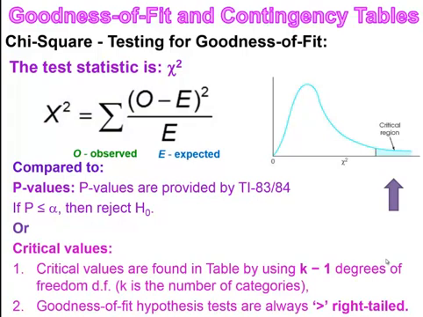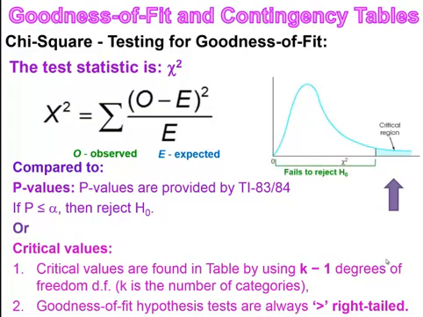Or we'll be finding a critical value, and the critical value will be found in the chi-square distribution table that you would use with the degree of freedom. The degree of freedom is found by taking the category value and subtracting 1. And the goodness of fit hypothesis test will always be a right tail test, because it's positive, it's always going to be a right tail test.